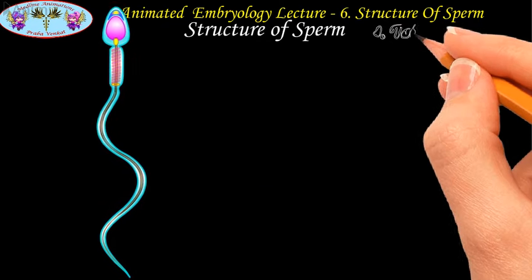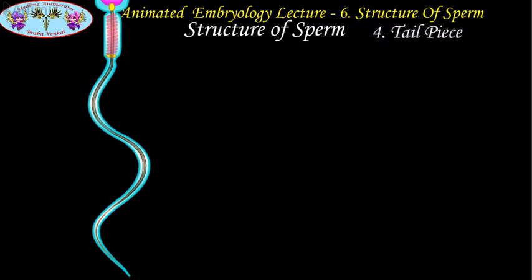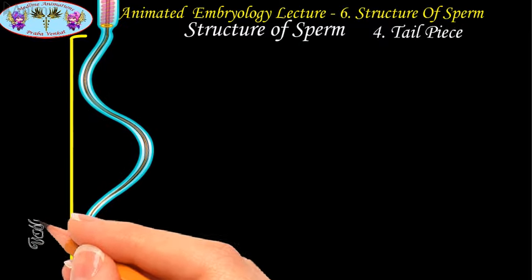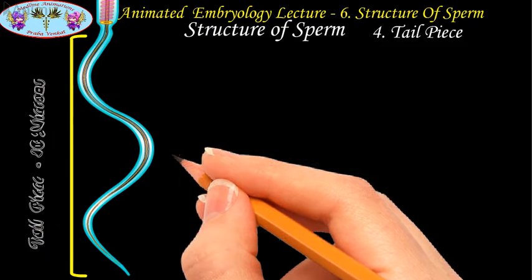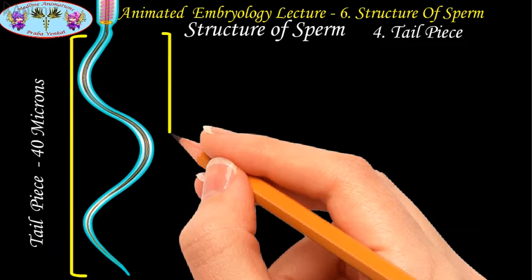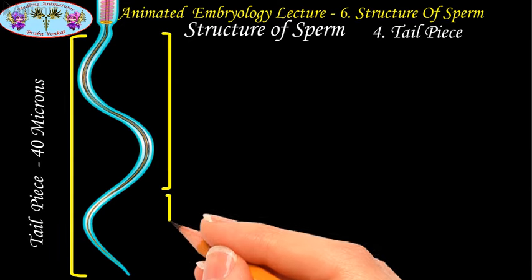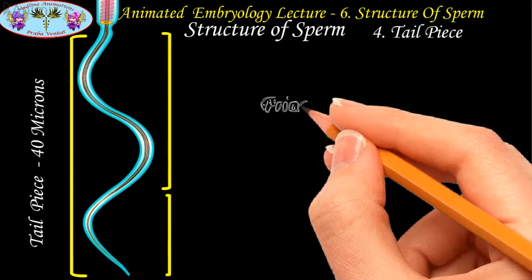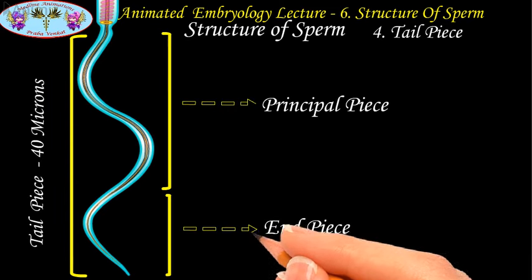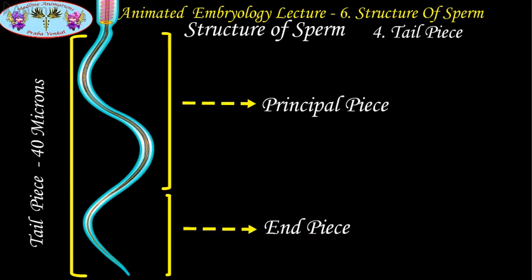The last part of the sperm is the tail piece. Motility in sperm is achieved by the axial filaments present in the tail piece with the help of the energy generated by the mitochondria. We have two parts in the tail piece. They are the principal piece and the end piece, and they differ in the arrangement of the axial filaments.